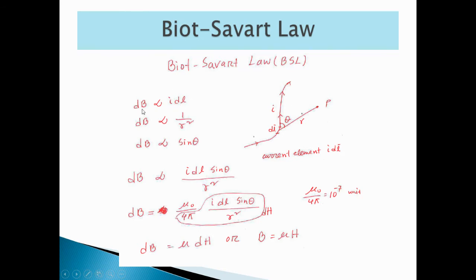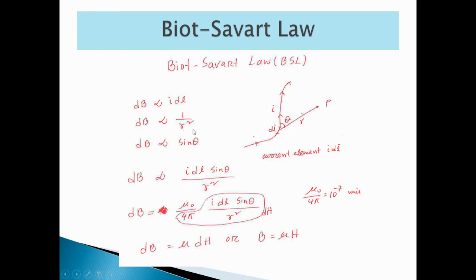The flux is proportional to the differential length and the total current in this direction. So dB is proportional to I dl.